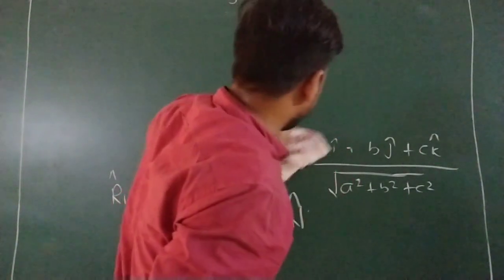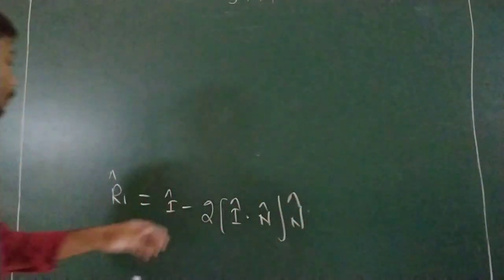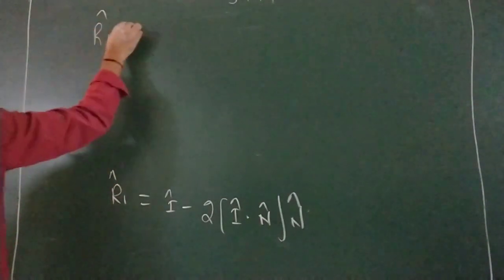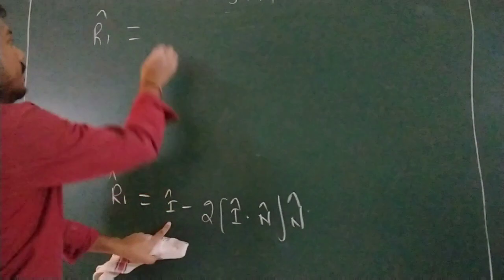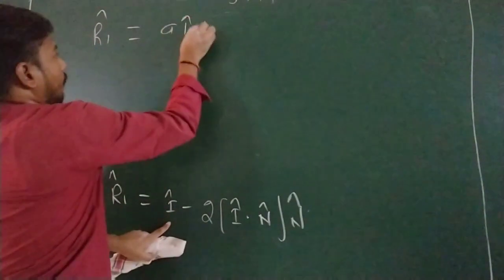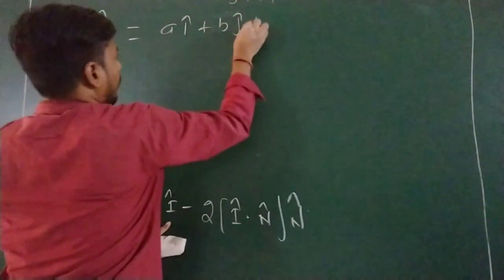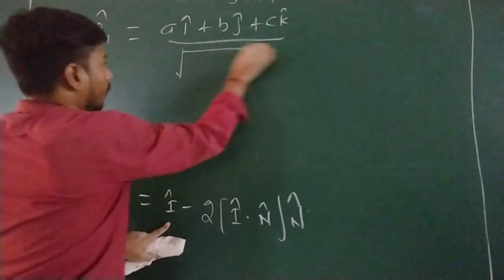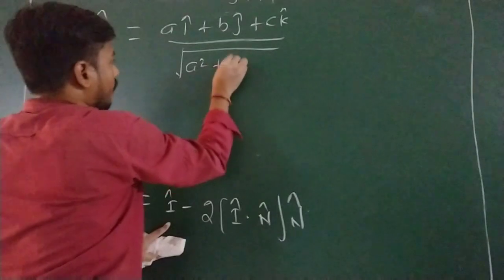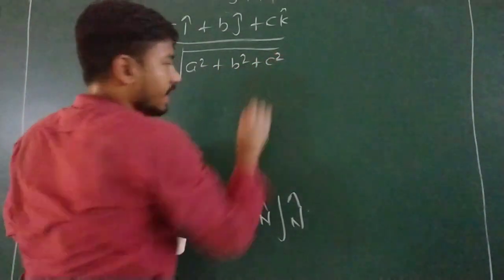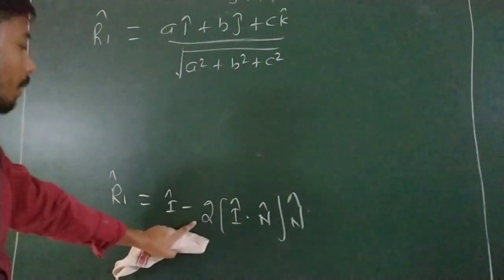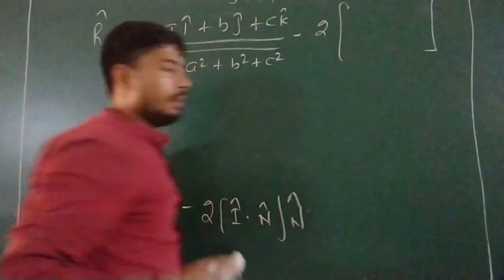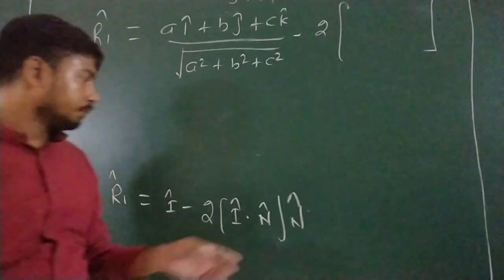So just see here each and everything. Put the value, so R1 cap I'm writing here, i cap. We have got i cap: A i cap plus B j cap plus C k cap divided by root of A square plus B square plus C square. Minus 2 times, and my dear, we are able to do the dot product.